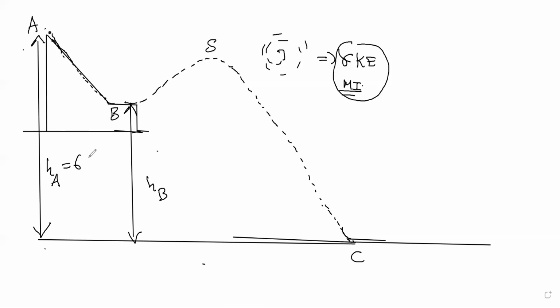HA is about 65 meters and HB is about 35 meters. This is what they have given.